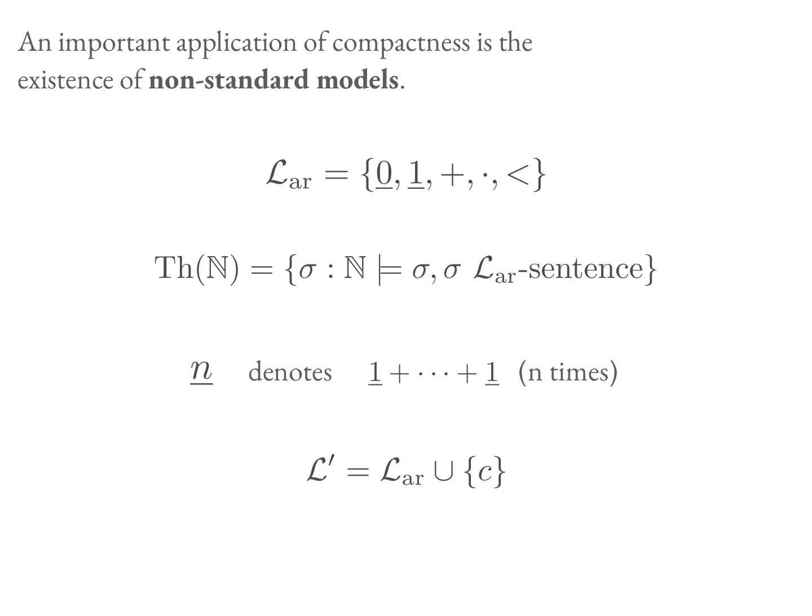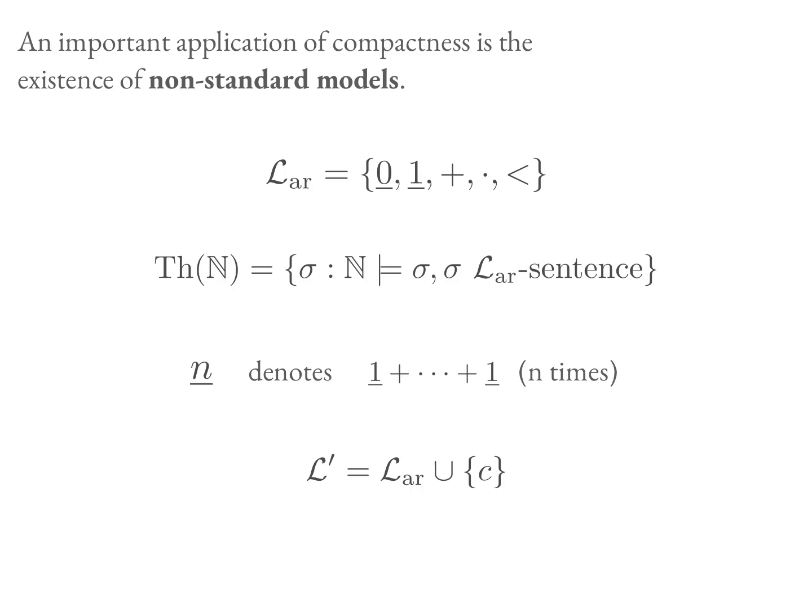And in order to construct our non-standard model, we make our lives a little bit easier by introducing this notation here. This symbol n underlined simply denotes the constant term 1 plus 1 plus 1 and so on, n times. So this just gives us for every natural number a representation of that natural number as a constant term in our language.